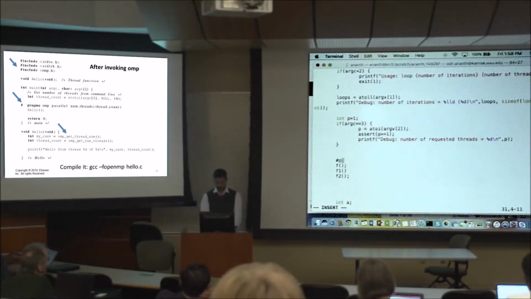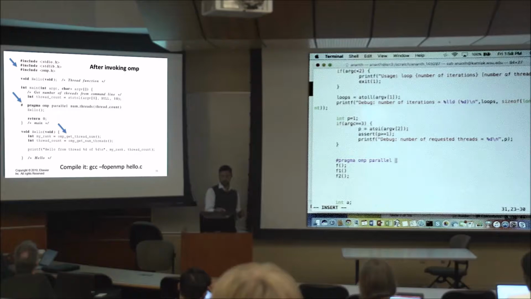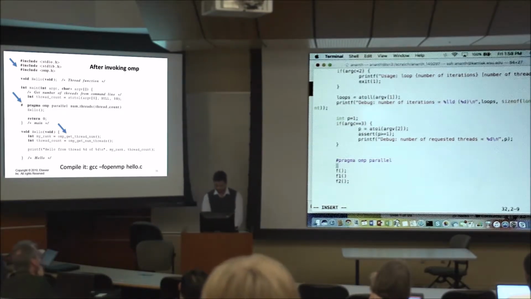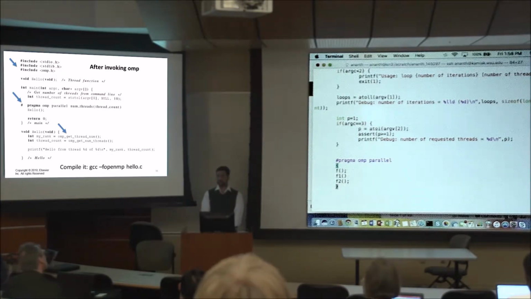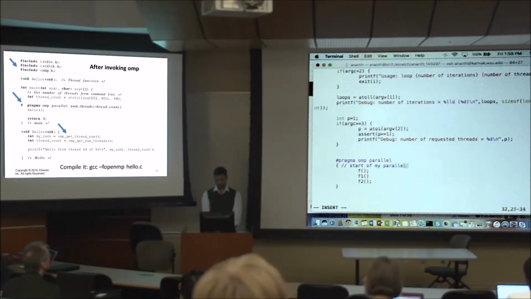So to do that, I say pragma OMP parallel. Now I stop there because it's not a for loop or anything, and then I put braces to specify that block. So whatever happens inside this block becomes my parallel region. This is the start of my parallel region, and this is the end of my parallel region.